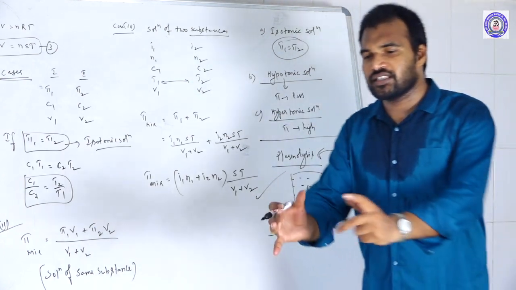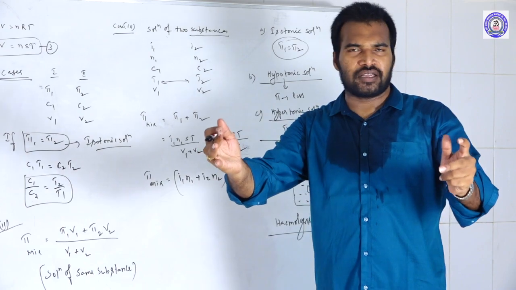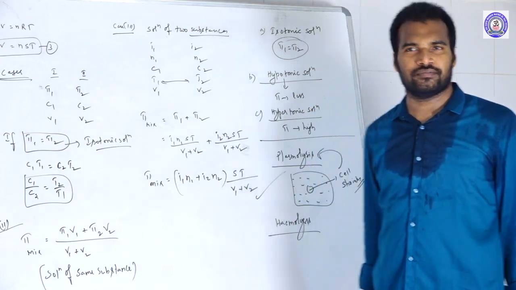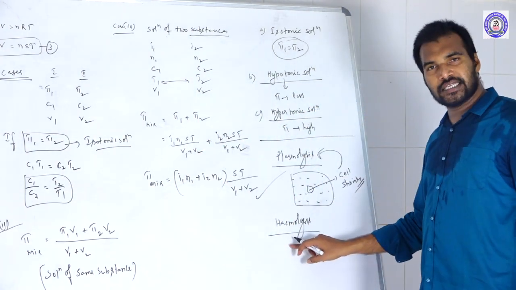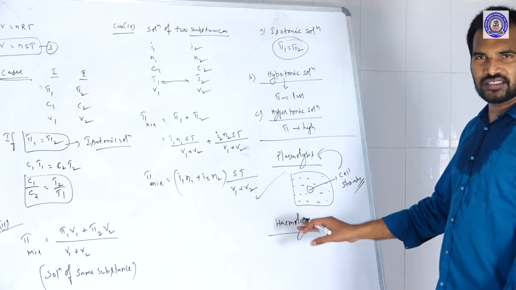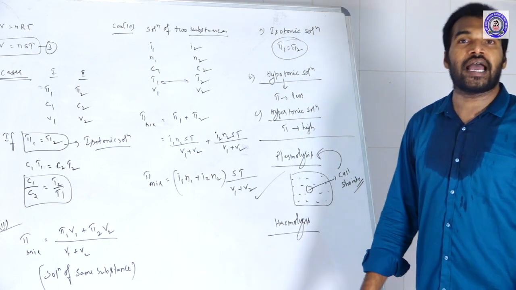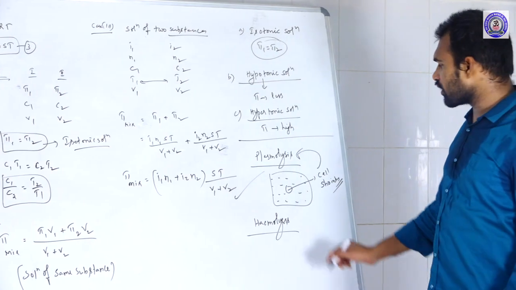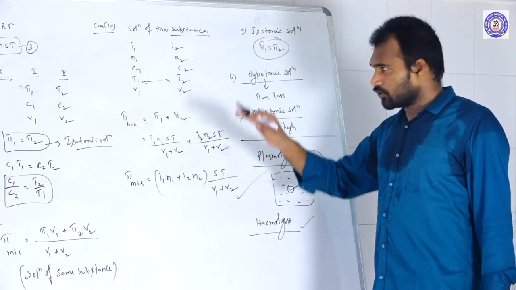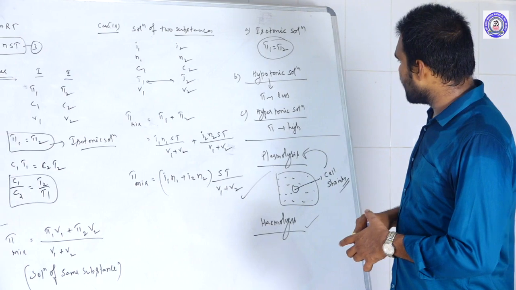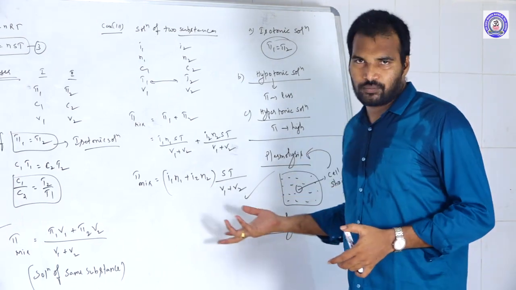After a certain level it will burst, and that condition we call hemolysis. The bursting of the cell by keeping the cell within hypotonic solution is called hemolysis. So these are hypotonic, hypertonic and isotonic with the examples.